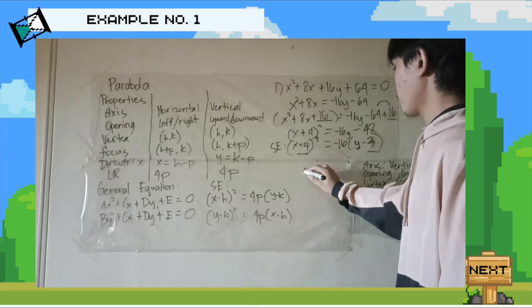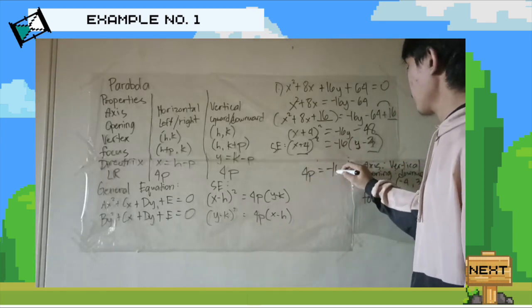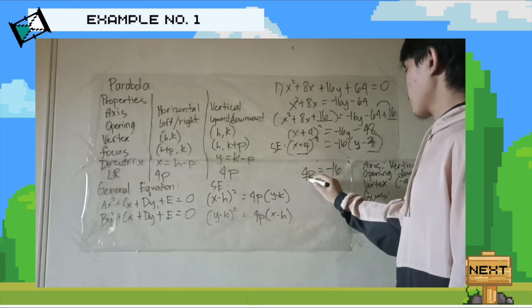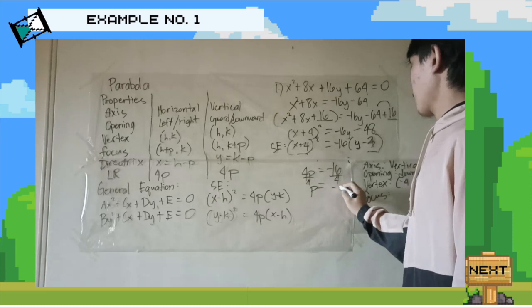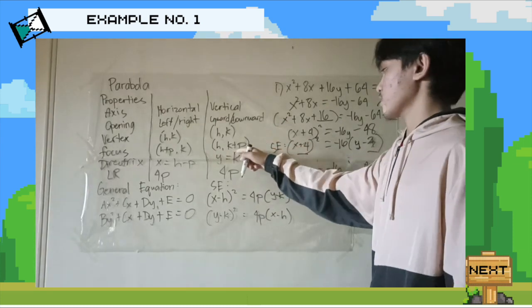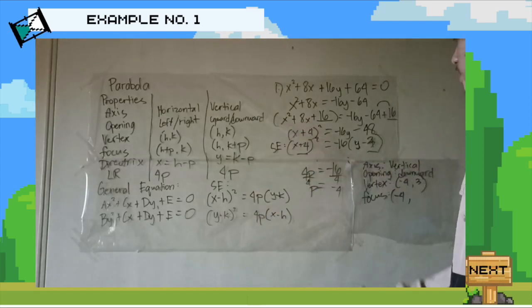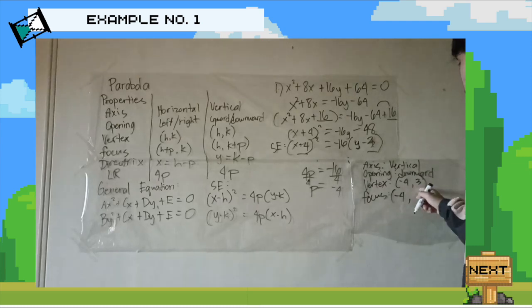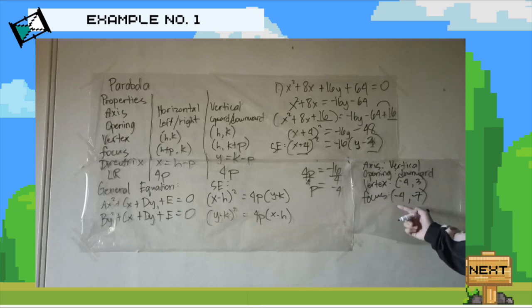We just equate 4p to negative 16 and divide both sides by 4, so p is negative 4. So our focus is h comma k plus p: negative 4, and 3 plus negative 4 is negative 7. Our focus is negative 4 comma negative 7.